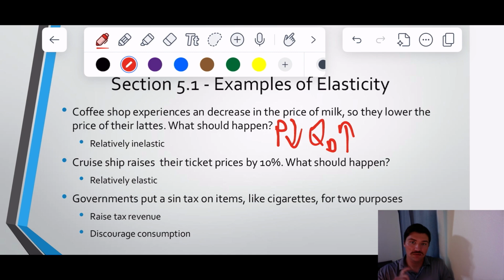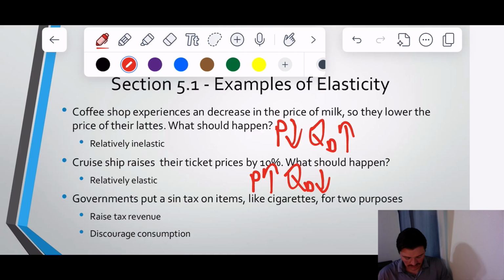Now, are we going to see a big change or a small change? With things like coffee, we might see a small change. You already buy coffee, you might buy another one, but very small changes here. What about a cruise ship that raises their ticket prices by 10%? Well, higher prices, then we're going to see a lower quantity demanded.